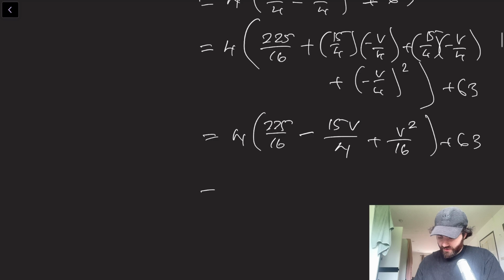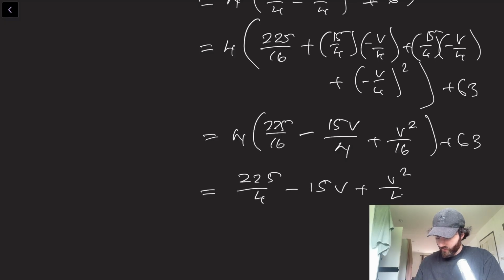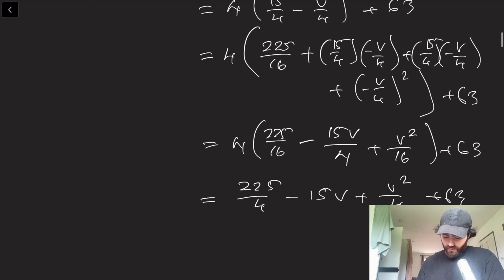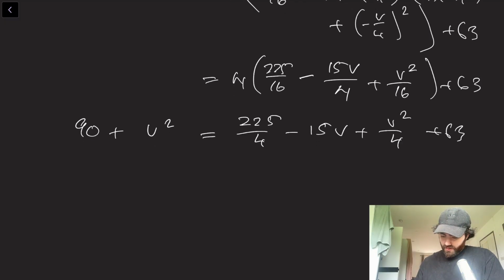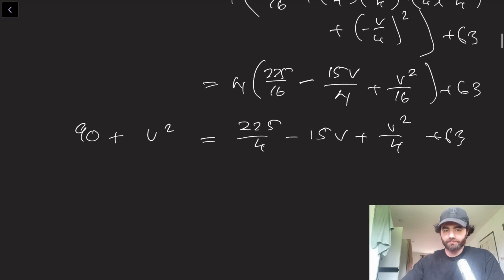Okay, times in by 4, we get 225 over 4 minus 15v plus v squared over 4 plus 63. And on this side, we still have 90 plus v squared. All right, so let's simplify this stuff.